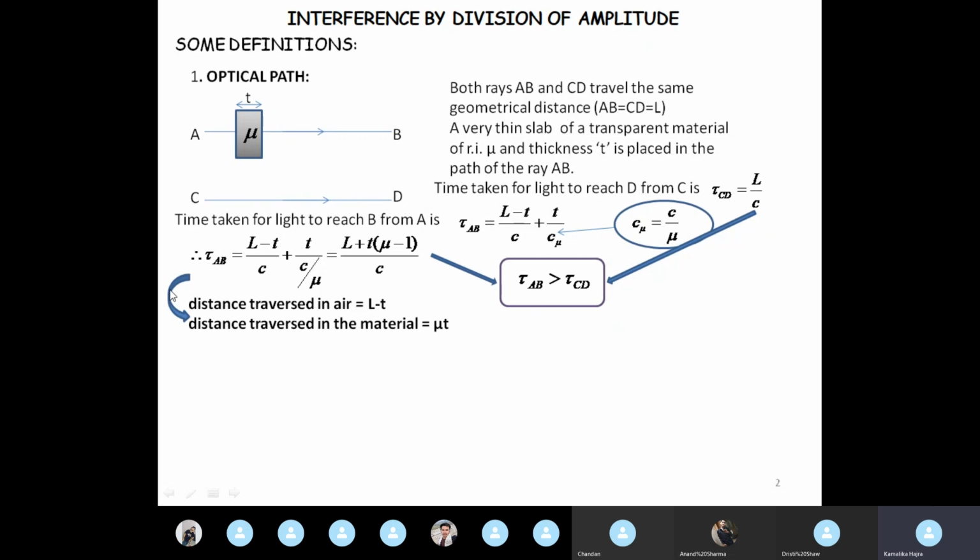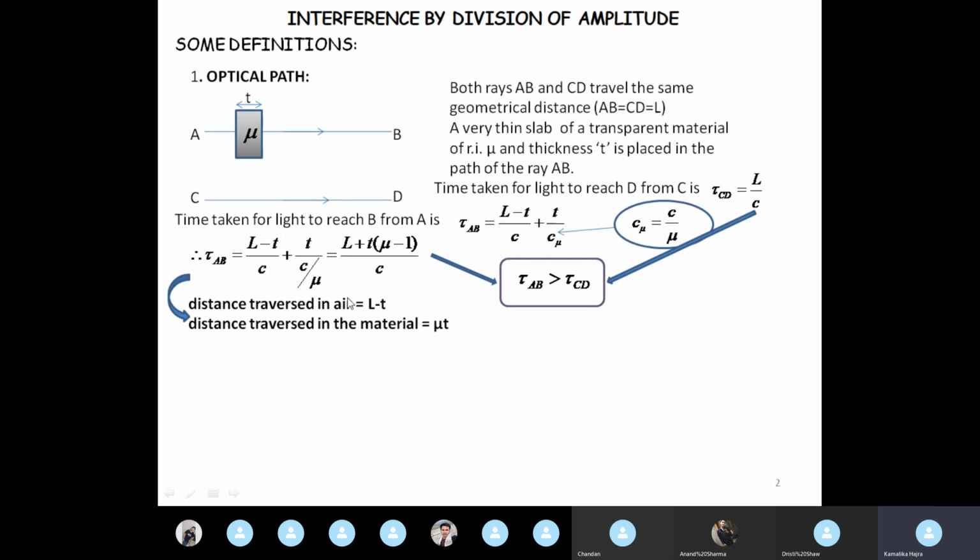So let's now look at this expression tau AB over here. Clearly you can see that the distance traversed in air is L minus t, and the distance traversed in the material is given by mu t, right?